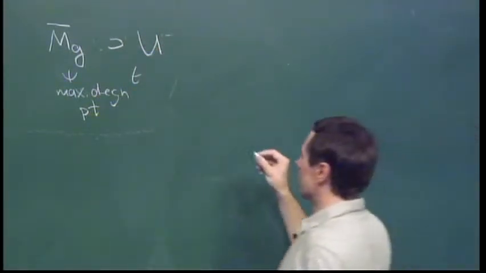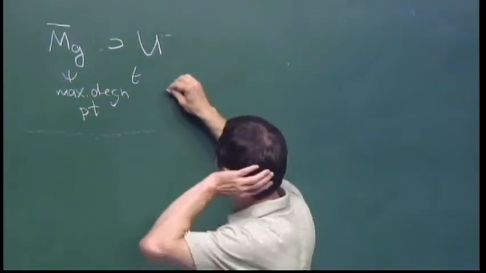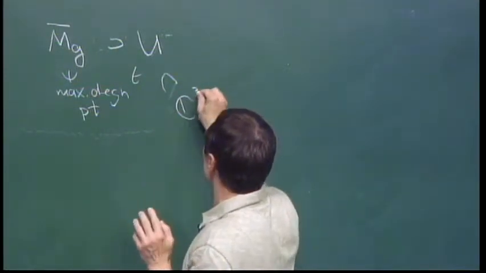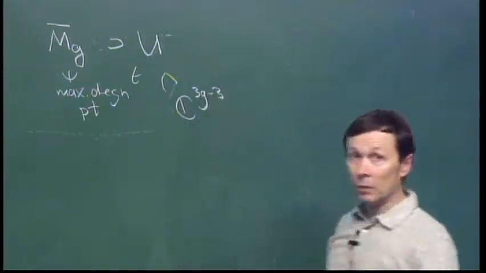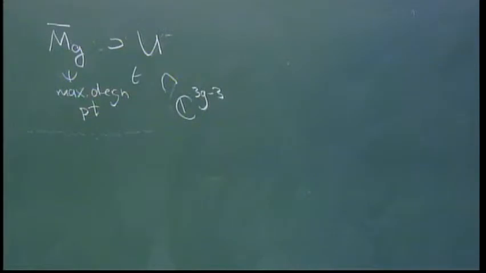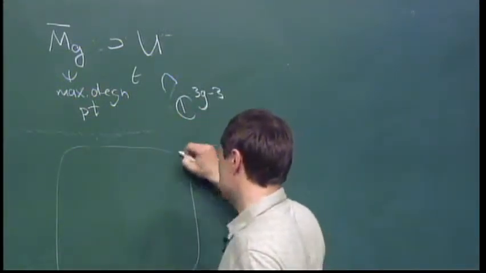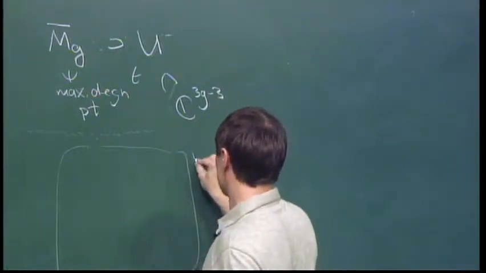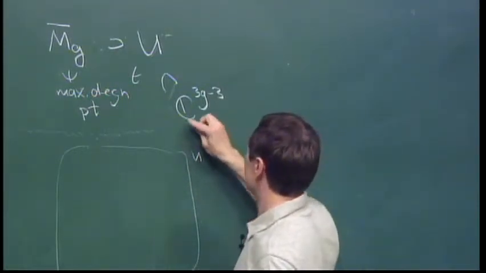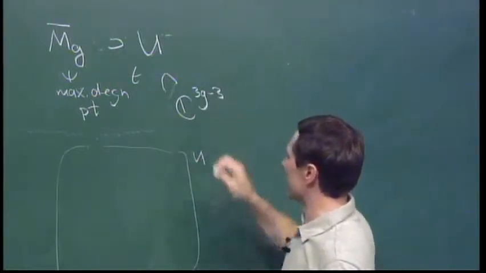And so you can model this neighborhood on a neighborhood of C^{3g-3}. So it looks like this. That's your U, sitting in C^{3g-3}.